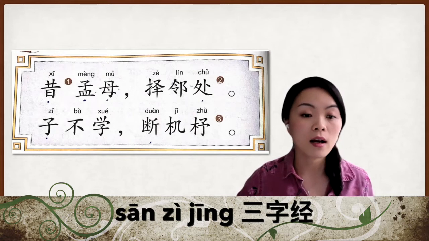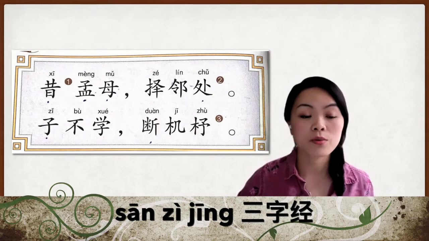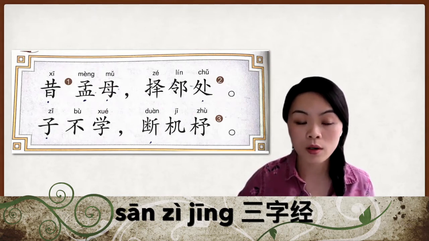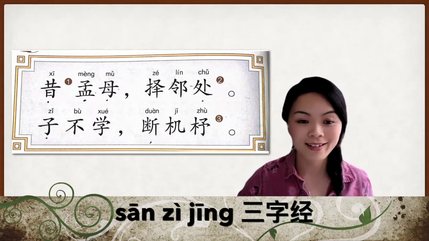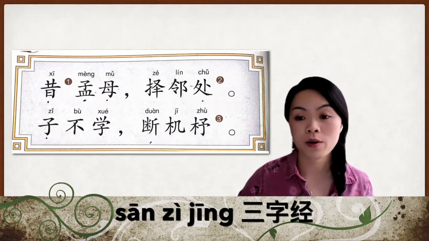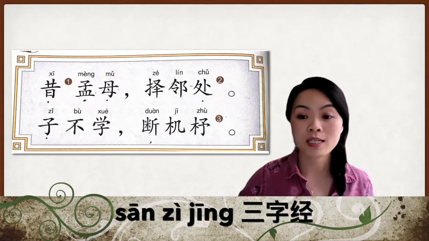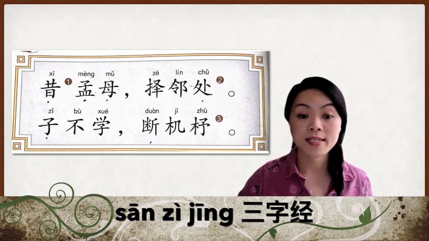子不学. So this is a second sentence here, right? It's saying there's one day that she found that Mencius came back home earlier than he's supposed to from school. So he ran away from school, right? And she picked up a pair of scissors. 断机杼. 断 means to 切断, cut, 剪断. 机杼 means loom.